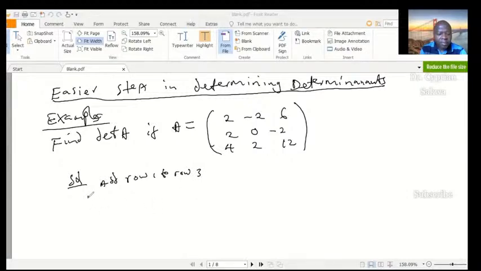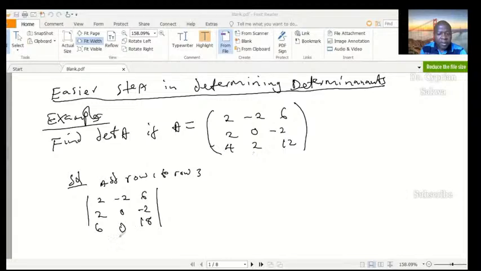So when that happens, our row 1 remains the way it is, and then row 2 remains the way it is, and then I just want to add row 1 to row 3. When I add, I'll find a 6 here, and then this plus that will give me a 0 here, and then this plus that will give me 18 here.